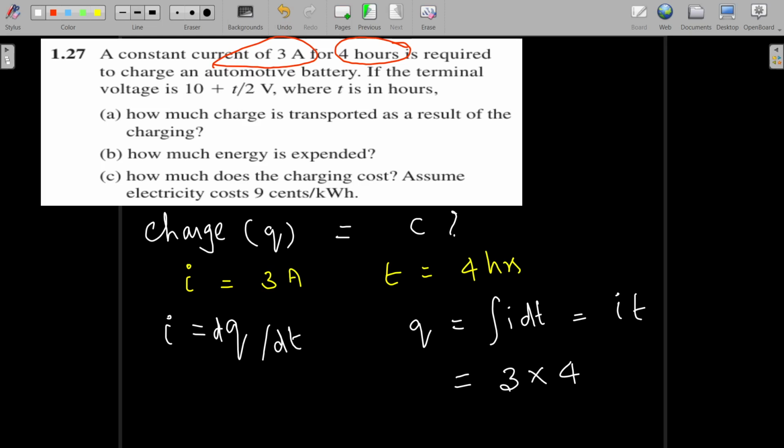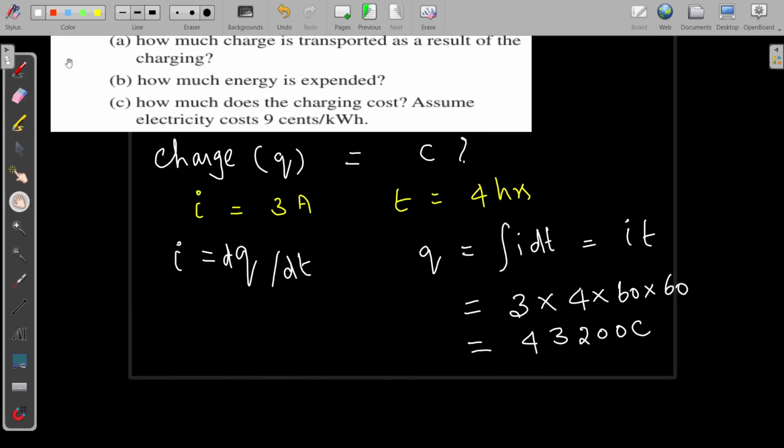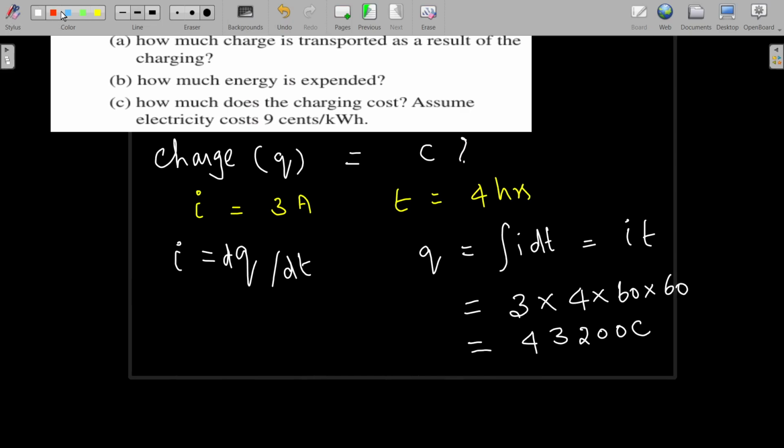But it should be in seconds, right? So you have to convert it into seconds: 60 minutes multiplied by 60 seconds. So this is equal to 43,200 coulombs, or you can also write it as 43.2 kilocoulombs.